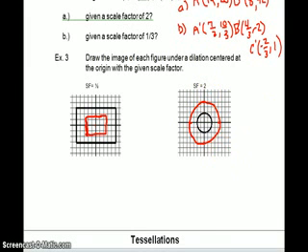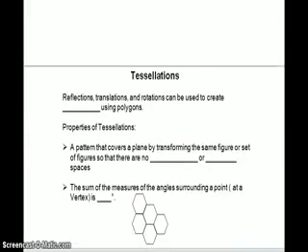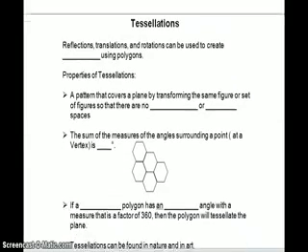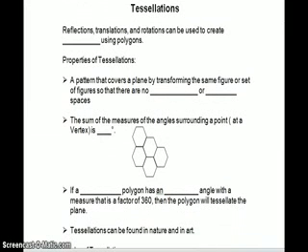Alright, let's move on to tessellations. You've seen these before, although you might not know what they're called. Reflections, translations, and rotations, which we've just used, can be used to create tessellations using polygons.